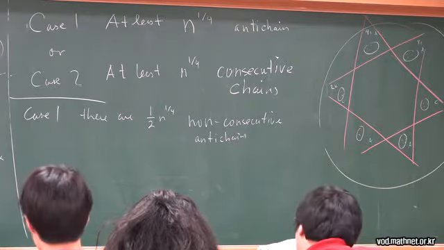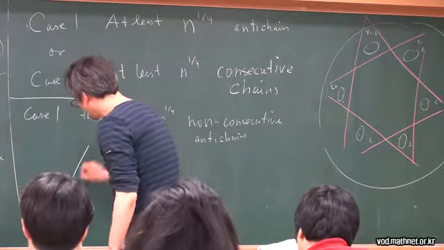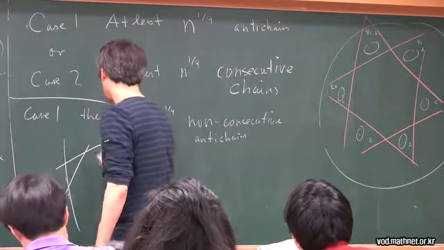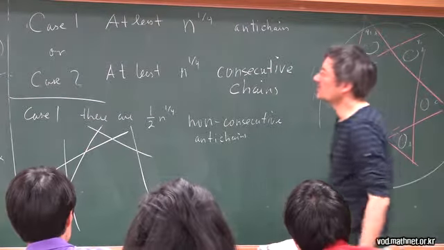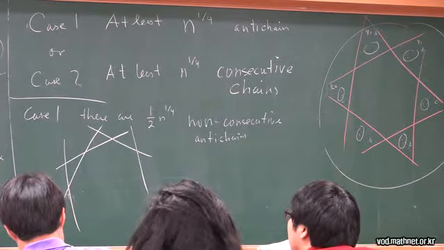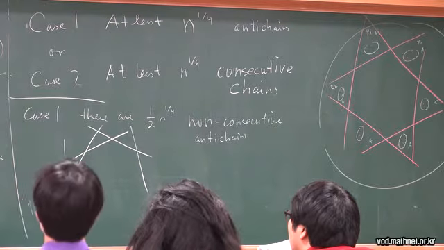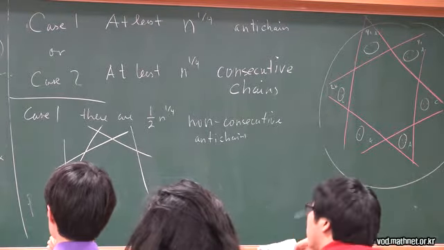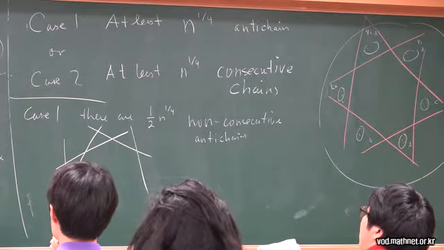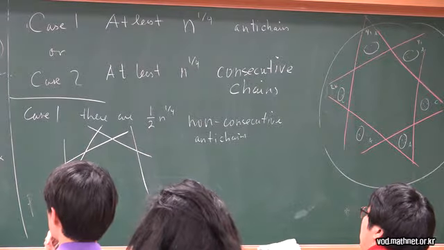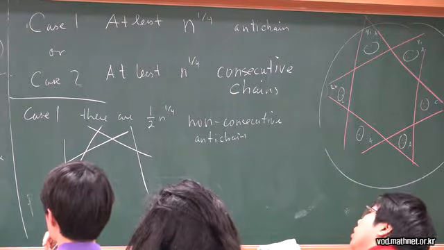Now I need a little picture. What did it mean that it was an antichain? I maybe didn't focus on that enough. It means that for any two guys in an antichain, the line they span will intersect the two sides before it intersects the base.